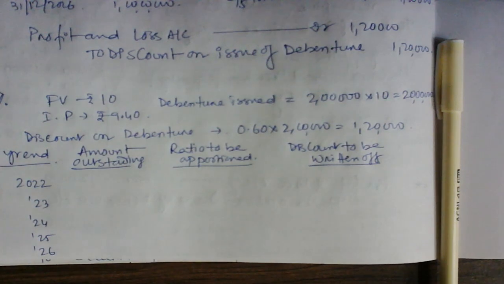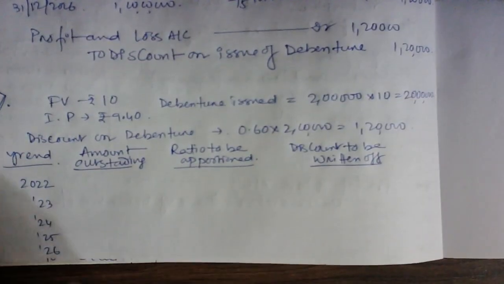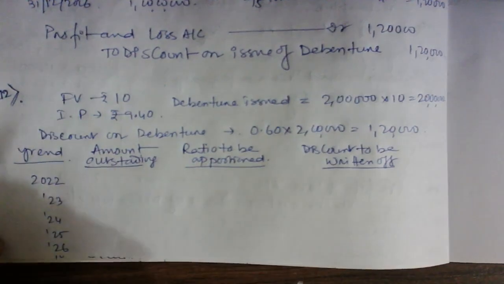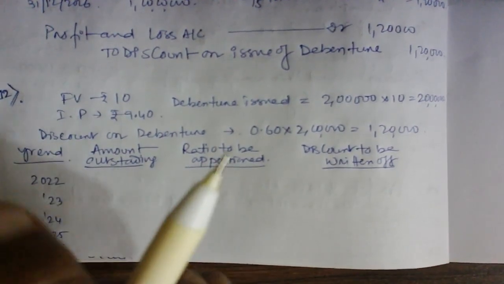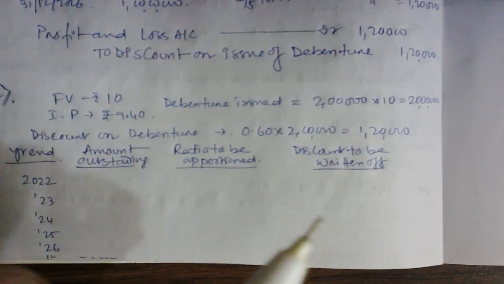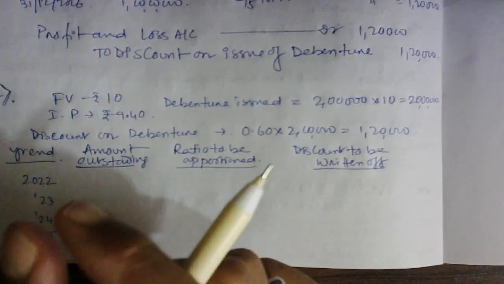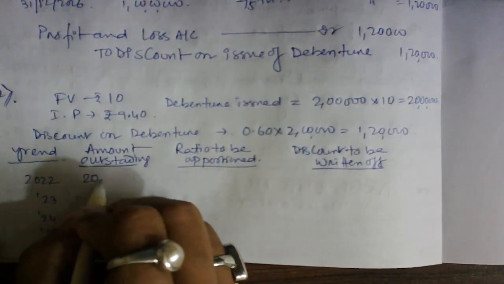Now listen very carefully. During 2022, you have issued 20 lakh rupees of debenture, and at the end, the amount outstanding with respect to this debenture is how much, sir? 20 lakhs.